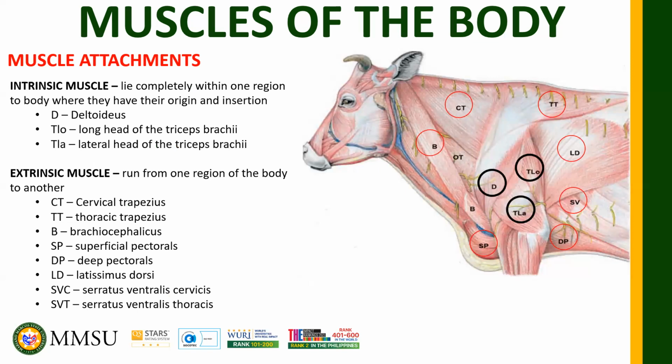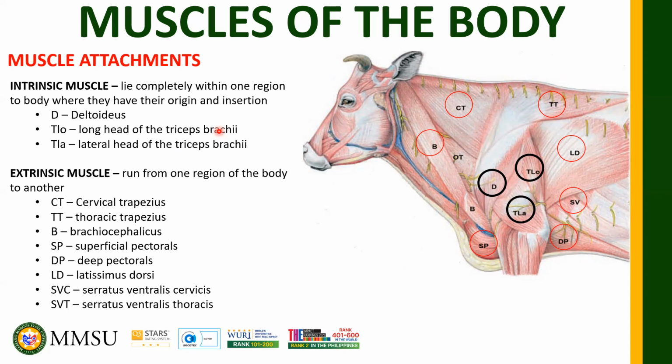Okay, and then another one, we have two types of muscles. We have the intrinsic muscles and we have the extrinsic muscles. So yung mga intrinsic muscles natin, these usually lie completely within one region of the body where they have their origin and insertion. So etong mga muscles na to, they are responsible in controlling and at the same time in moving yung mga specific body parts within the region where they are usually located.